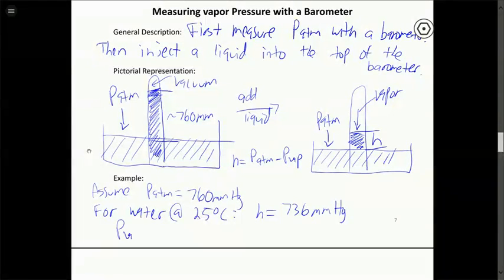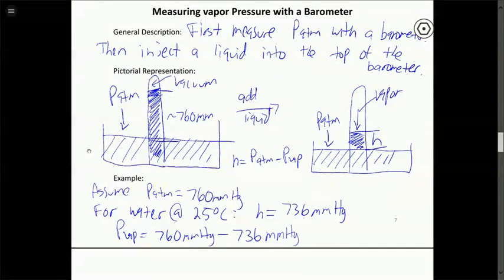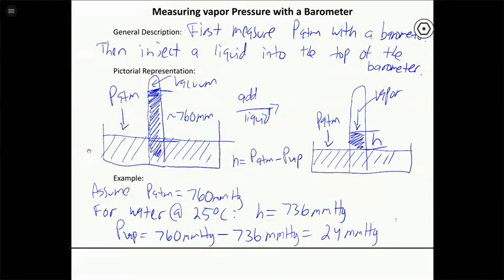And then the vapor pressure would be 760 millimeters of mercury, which is atmospheric pressure, minus that value 736 that we measure after adding it. So our vapor pressure at this temperature is going to be 24 millimeters of mercury. And that's the number we would have given you in previous problems that deal with this, and that's how we get that number experimentally. We measure it using a barometer or some similar pressure measuring apparatus.